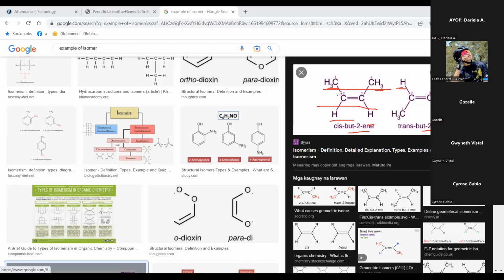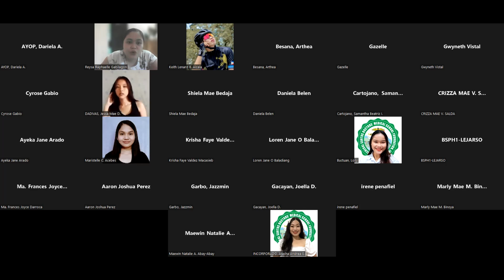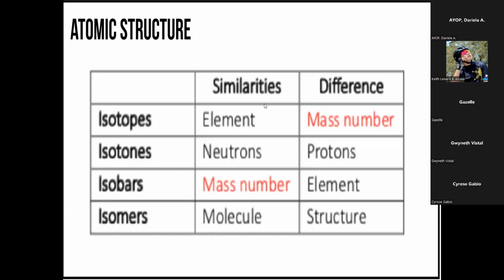So the same yan sila na molecule pero different yung kanilang structure. Different ang position. Yan yung tinatawag class na isomers. So sa sunod na lang ninyo yan pag-aralan. Let's have that in your organic chemistry. But nevertheless, I hope you know now ano yung tawag dyan.